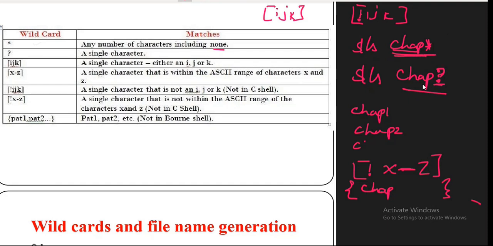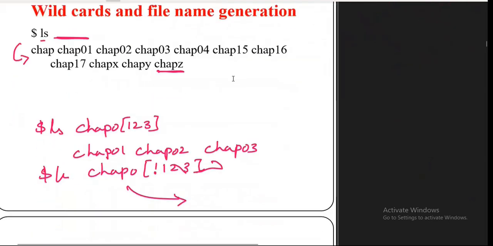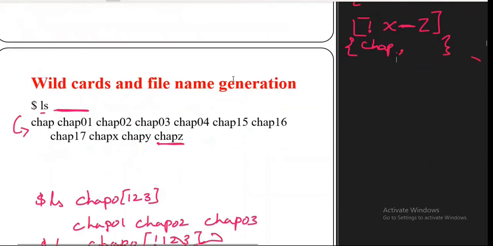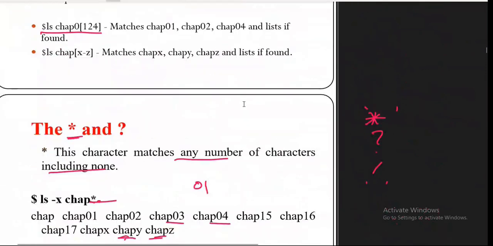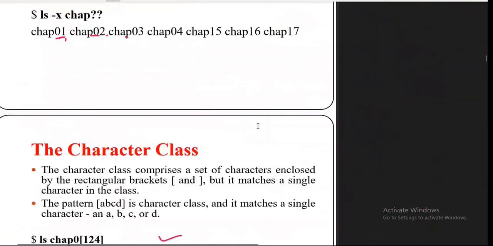If you want to specify more than one type of pattern, along with this, if you want to list ch star, something like that, if you want to represent more than one pattern, then you use the curly brace. These are the important things we discussed in the last class. Each of the wildcards we discussed in the last class with examples. So this is very important.